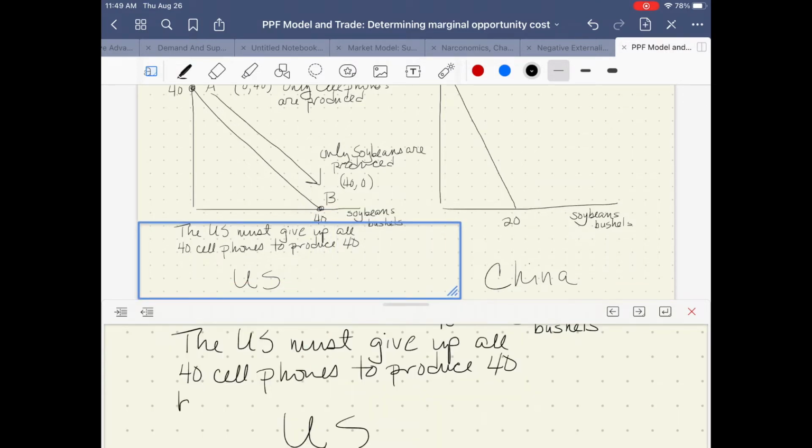So all we have to do is simplify this ratio of soybean production to cell phone production, which I know you've done before in mathematics class because it's how you determine slope.